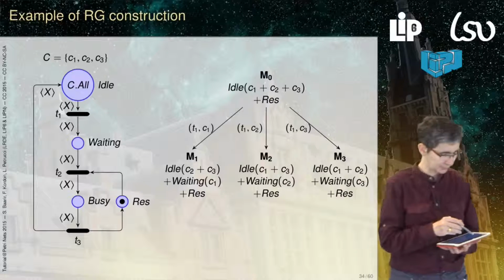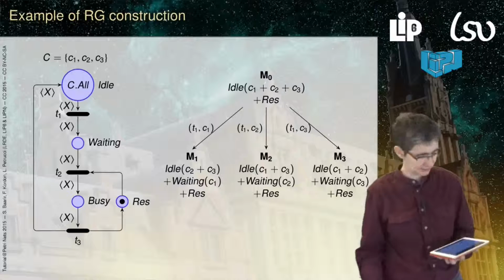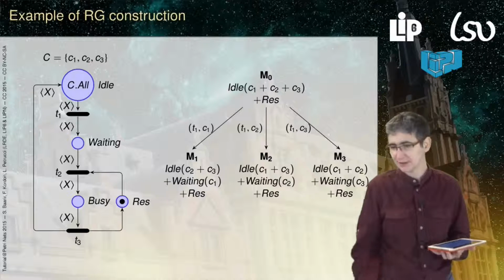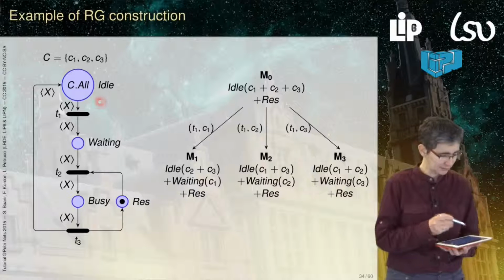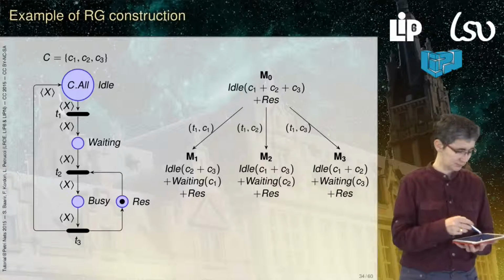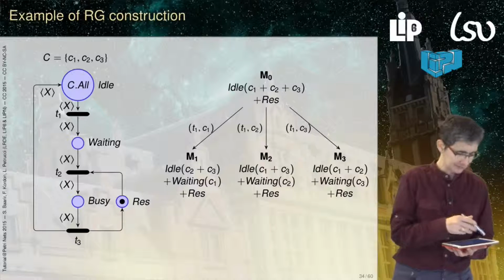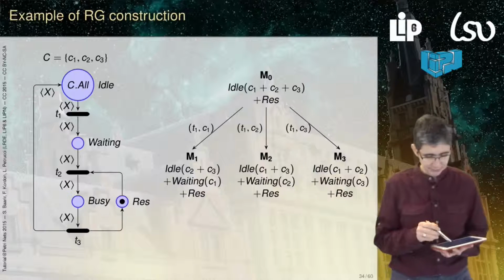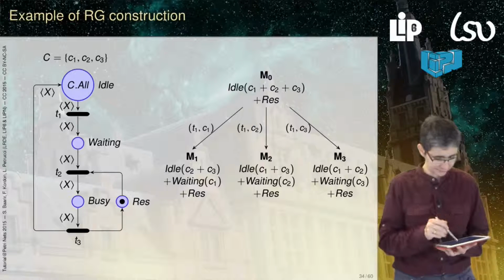So you have idle processes that are named C1, C2, C3 that are waiting here, and they will eventually try to fire T1 in order to wait for entering, using a resource and then releasing the resource. So initially we have this initial marking M0 here.